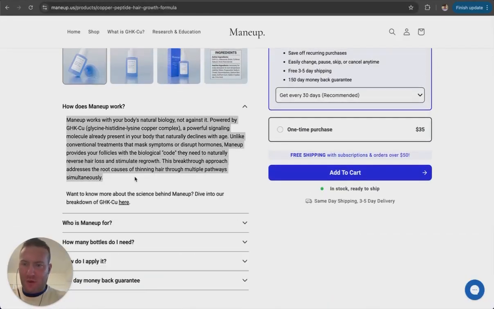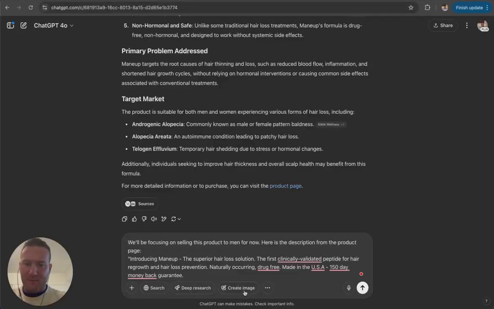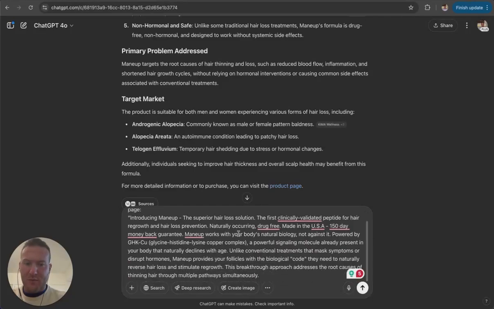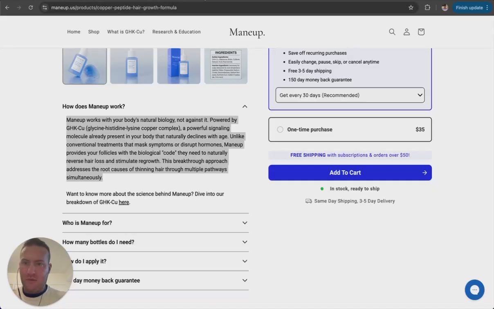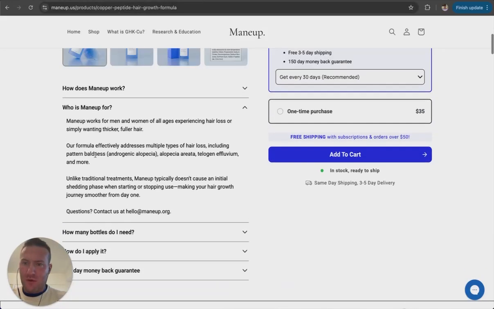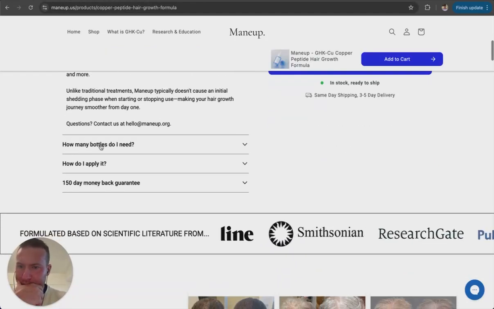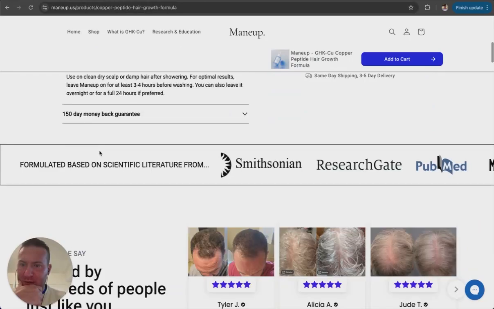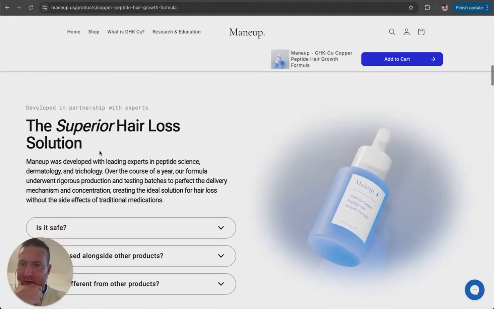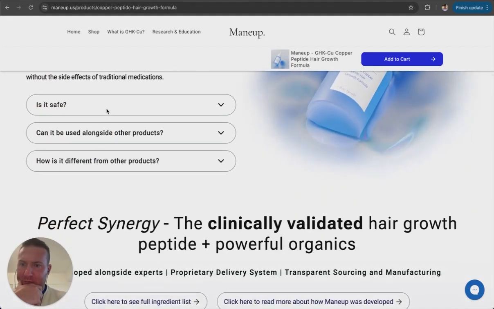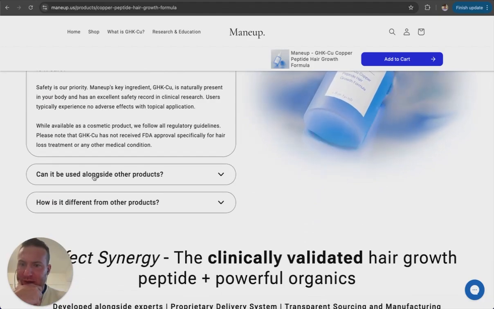Perfect. How does it work? There we go. Who is MainUp for? How many bottles do I need? How do I apply it? Is it safe?